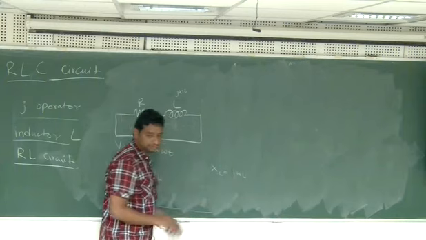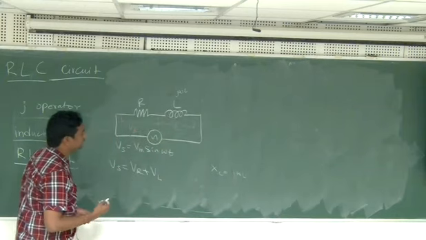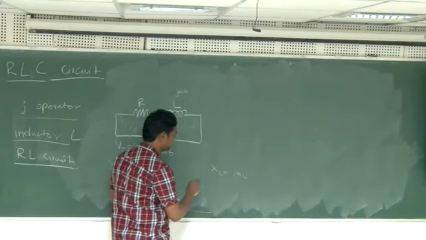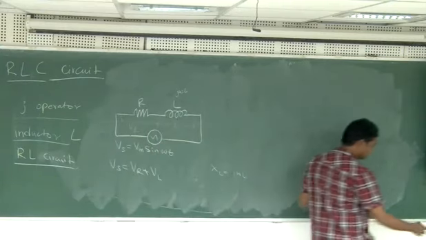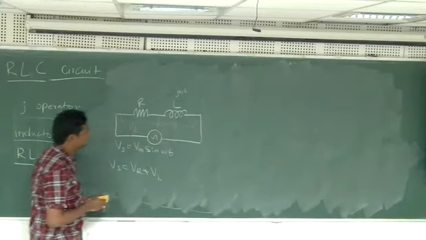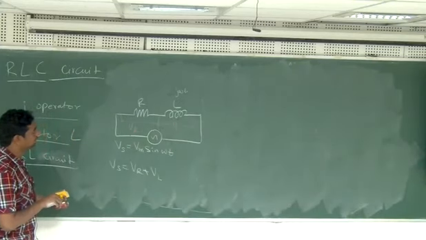Just say XL equal to omega L. It's a matter of notation. So XL is actually omega L, so I can keep j when I write it. It's just notation, so nothing important there.